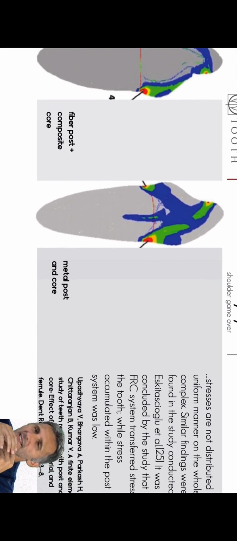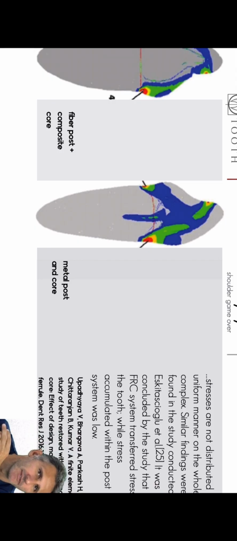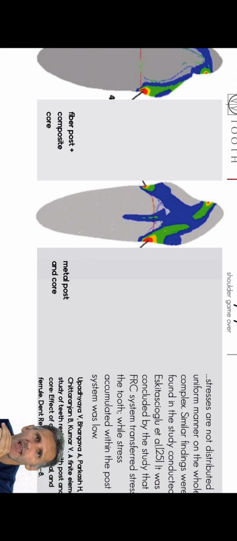And here also we understand something. Here is the examination of the stress between fiber post and composite core, and between metal post and the core. And what do we see? We see that when we use on the left the fiber post, you see that there is almost no load on the fiber post. But this, what does it mean?